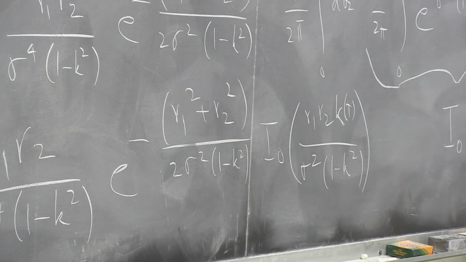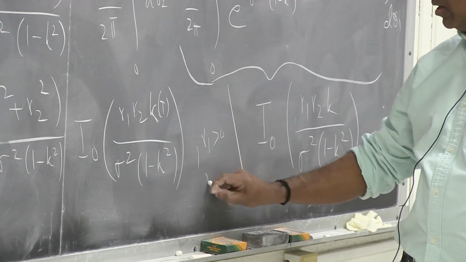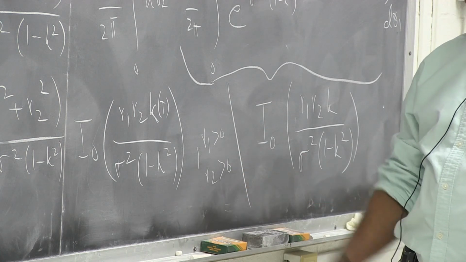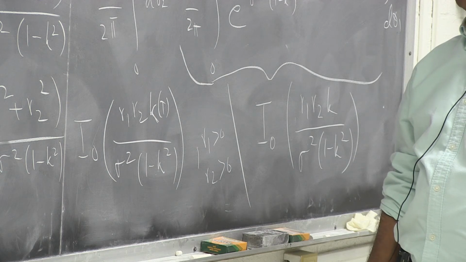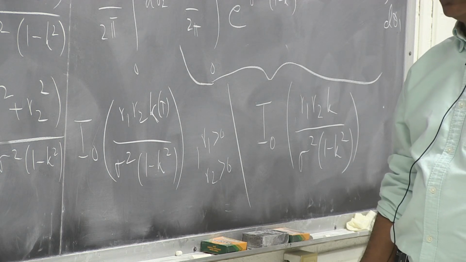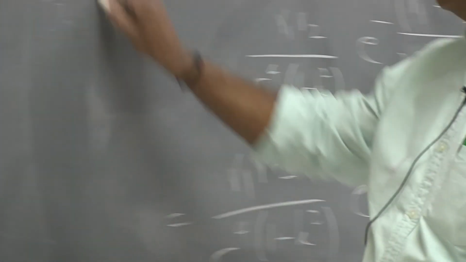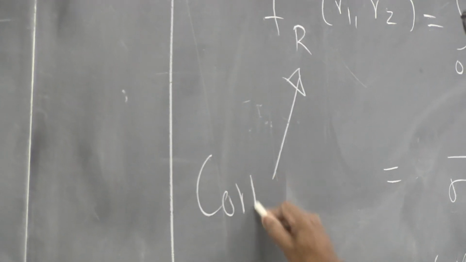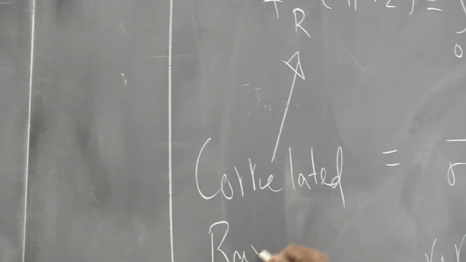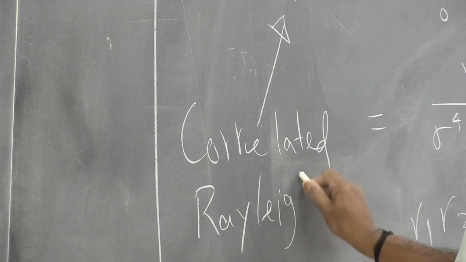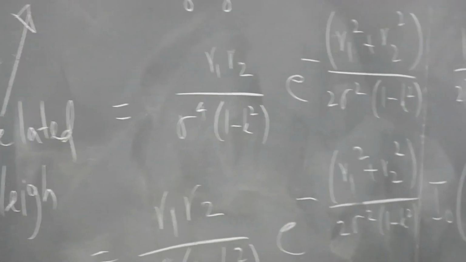This is the density function for r1, of course positive, and r2 positive. This is the joint density function for r1 and r2. As we know, r1 and r2 are both separately Rayleigh. So this is actually two correlated Rayleigh random variables. The question is, how much is the correlation between r1 and r2? That's where we are going to go.